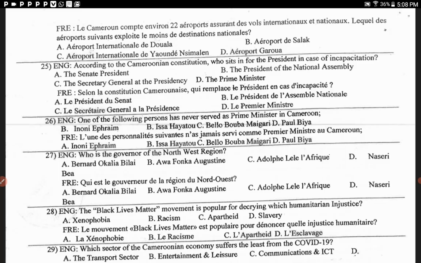According to the Cameroonian constitution, in case of incapacitation duly ascertained by the Constitutional Council, the president of the Senate shall become the interim president of the Republic of Cameroon. So under the constitutional provisions, it is the president of the Senate that has the official designation to assume interim duties if the president becomes incapacitated. So president of the Senate, the président du Sénat, option A.